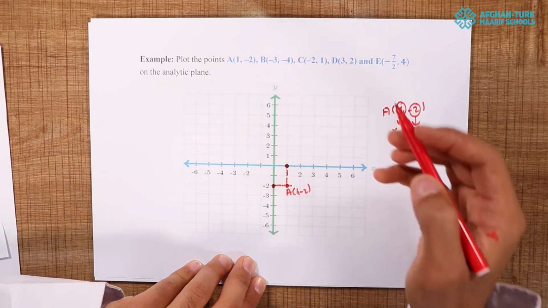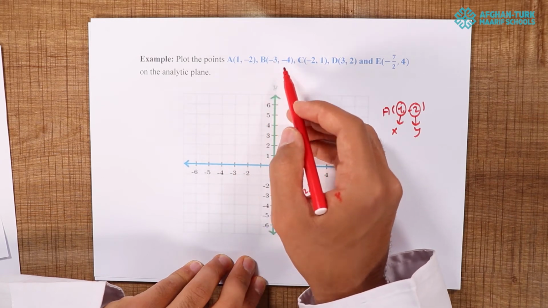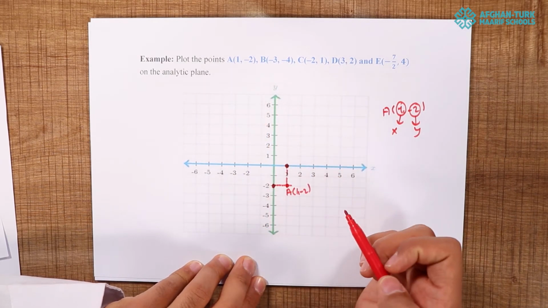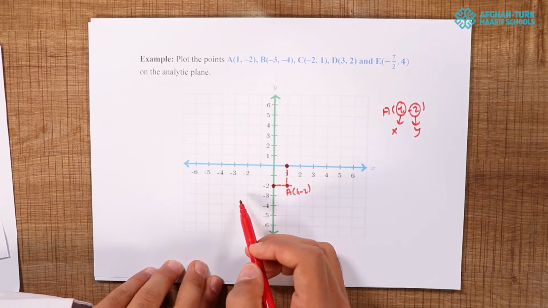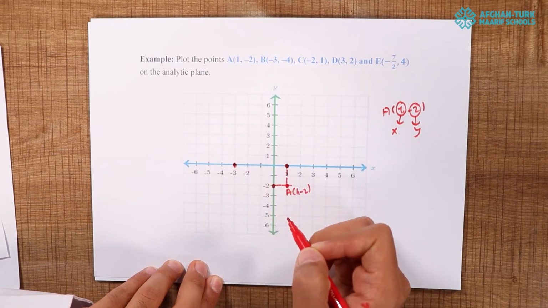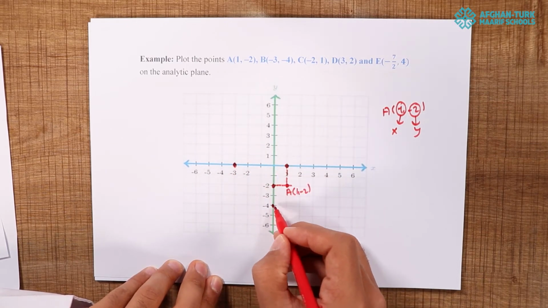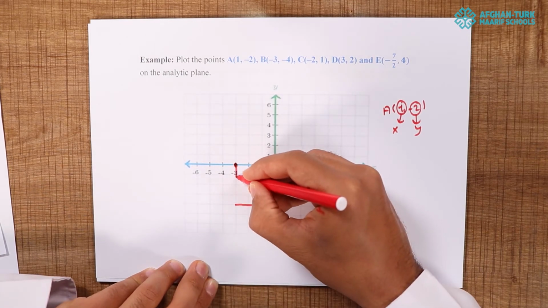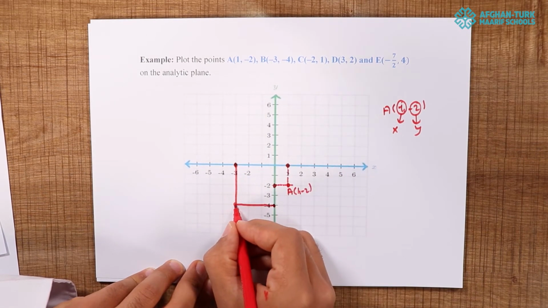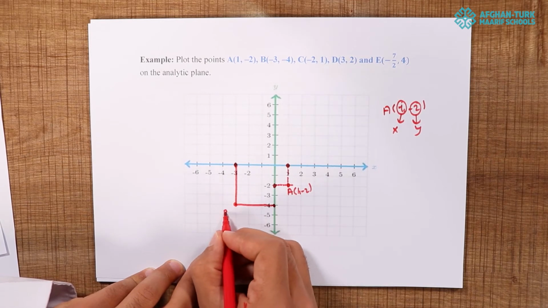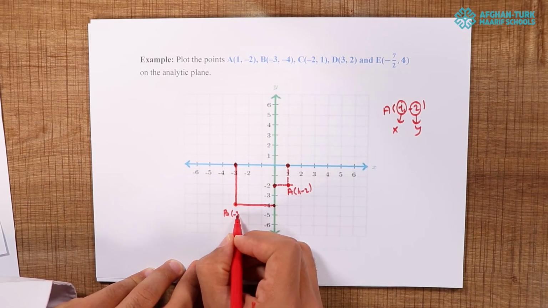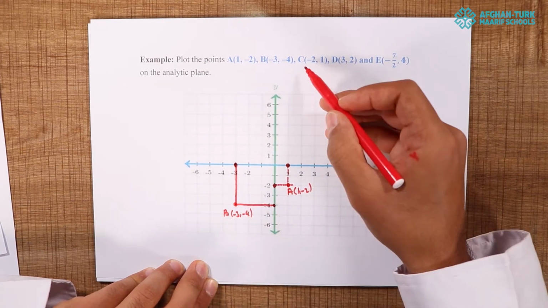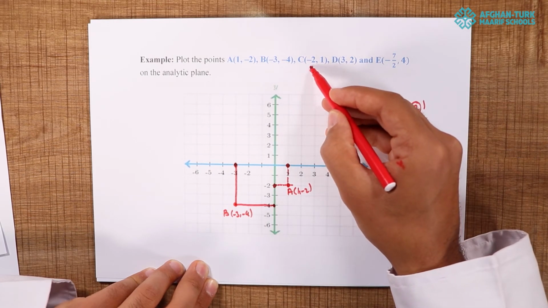Point B, minus 3 and minus 4, so x is minus and y is also minus, in the third quadrant. We draw perpendicular lines, and here they intersect, so this point is B (-3, -4). C: this is x, this is y.